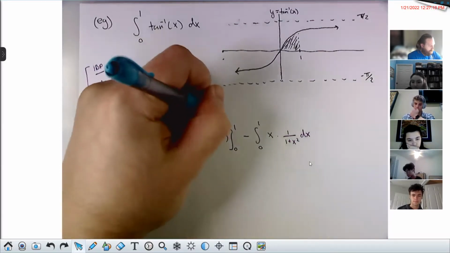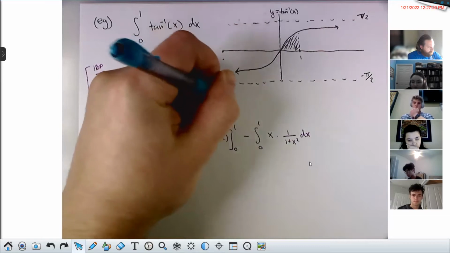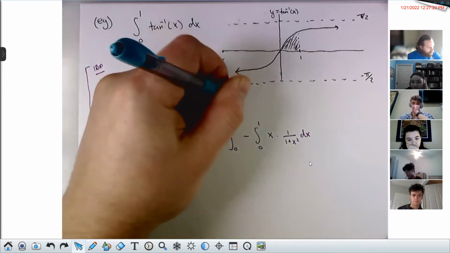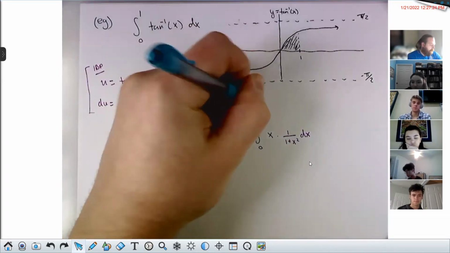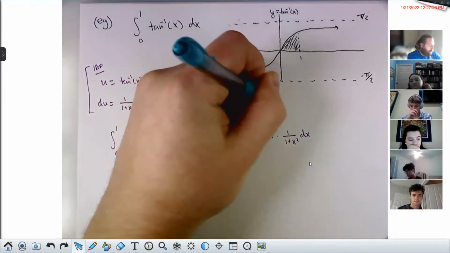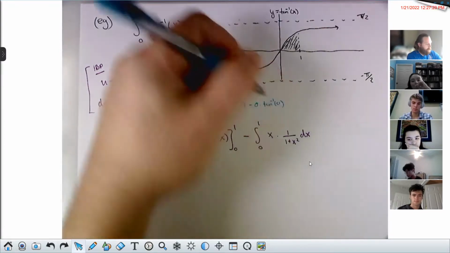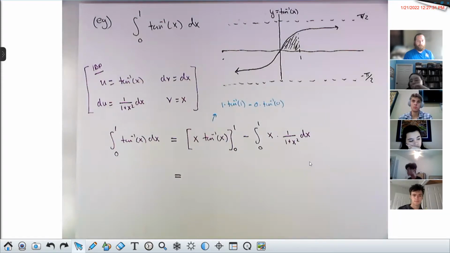So this piece here is 1 times the inverse tangent of 1 minus 0 times the inverse tangent of 0. So this piece is going to be 0. Not worried about him. This piece is going to be just the inverse tangent of 1.